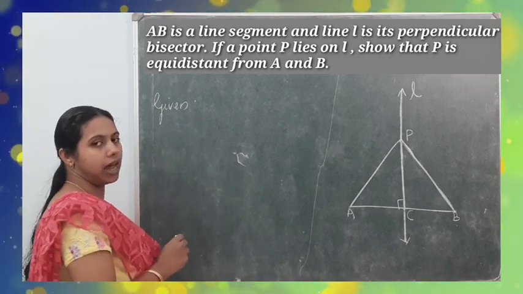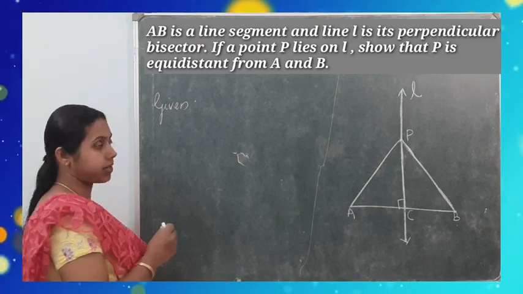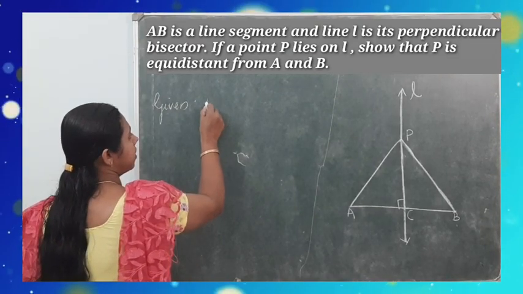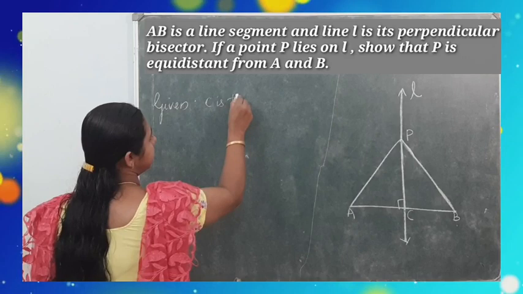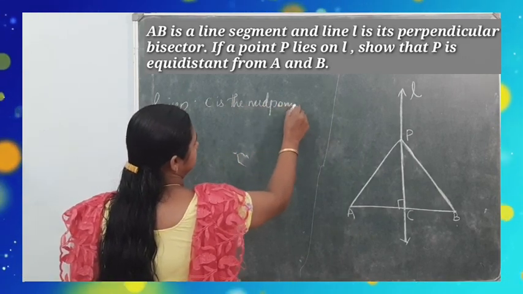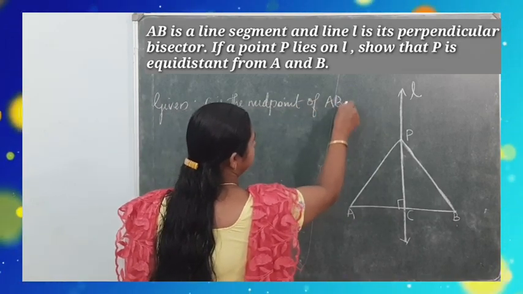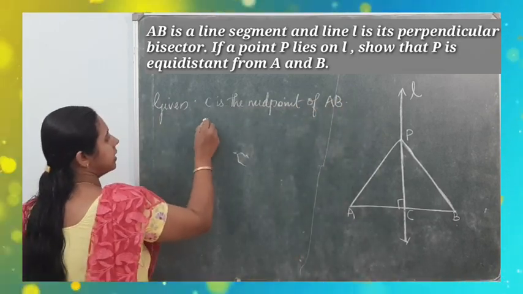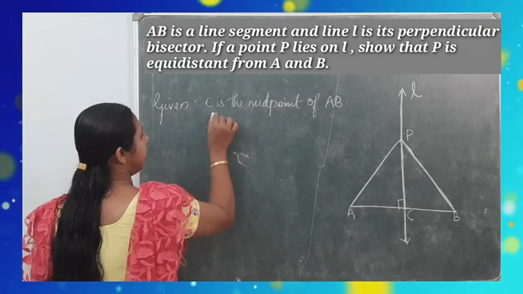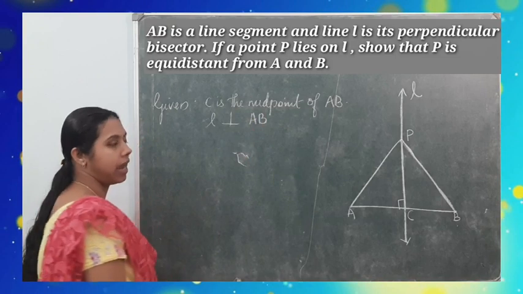AB is a line segment and C is the midpoint of AB, and line L is perpendicular to line AB.